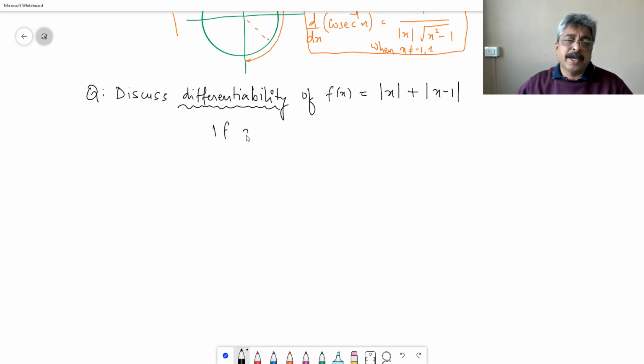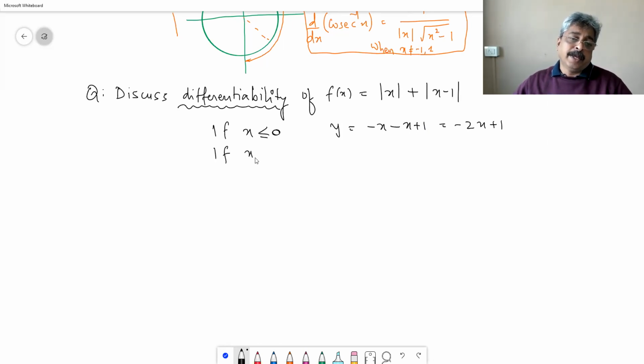If x is less than or equal to 0, then y is equal to minus x plus 1, which is minus 2x plus 1.